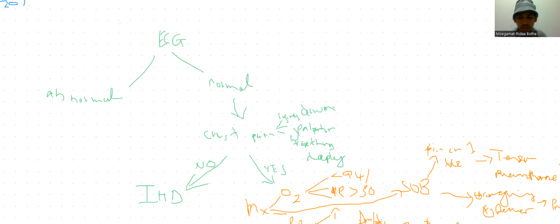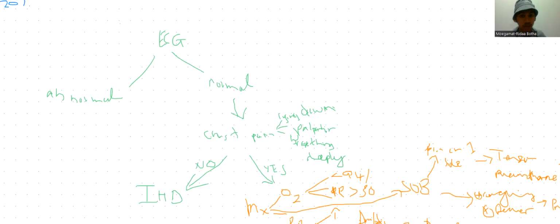All these are part and parcel of what could have been ischemic heart disease, the things which ischemic heart disease actually causes.